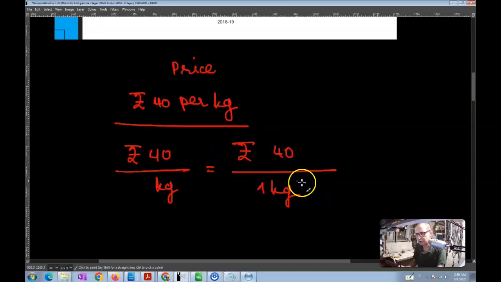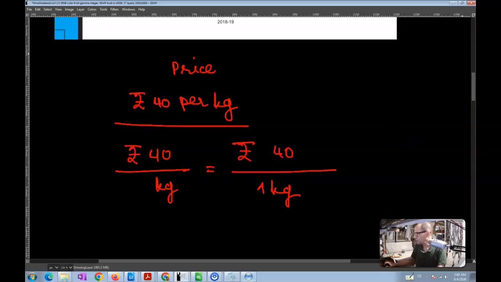For 3 times 1 kilogram, for 3 kilograms, we will charge 3 times 40 rupees, which is 120 rupees, and so on. So as you can see, all such units are always proportions. You can form proportions using these units, right?